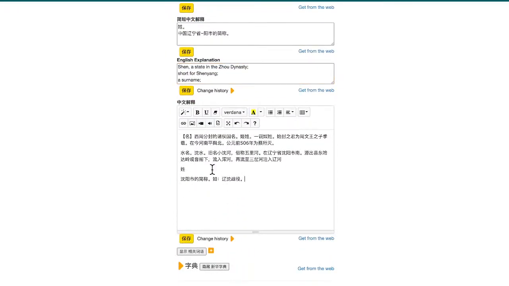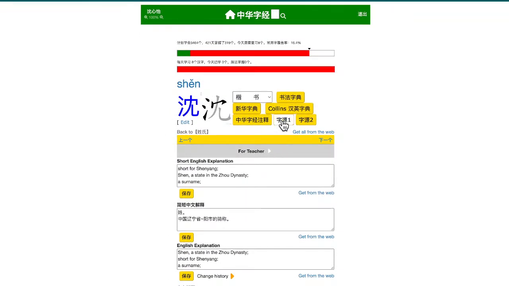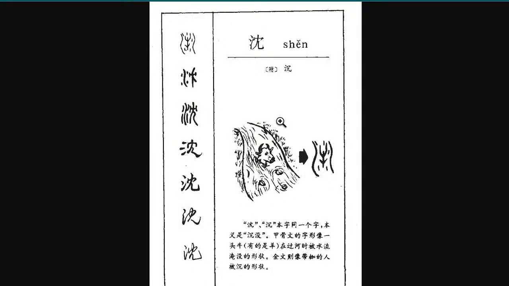So Shen. All right, now let's take a look at the character. Just so you know, this Shen and Chen originally are the same character, which means sink into the water. It's called chen. In the oracle bone character, you can see it looks like a cow sinking into the river.